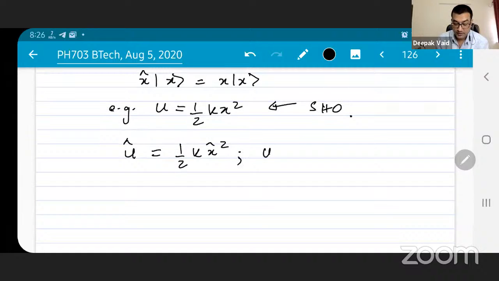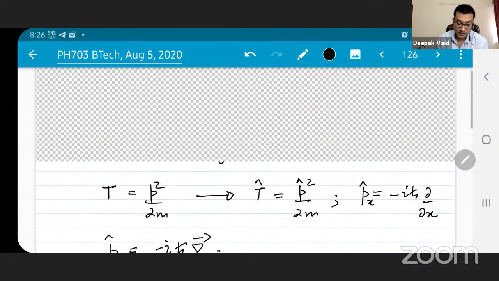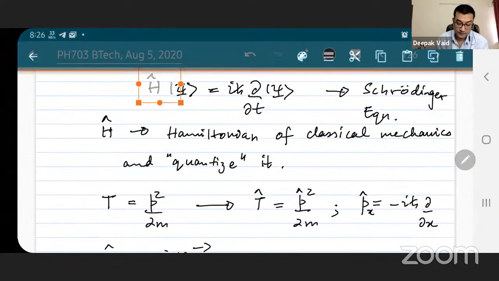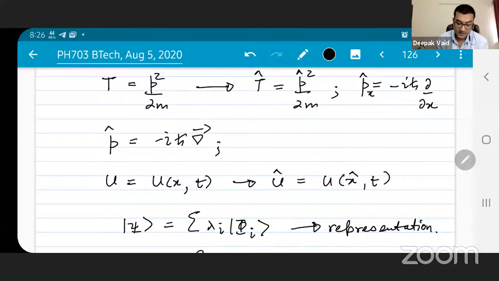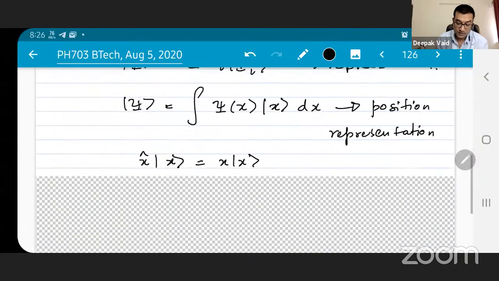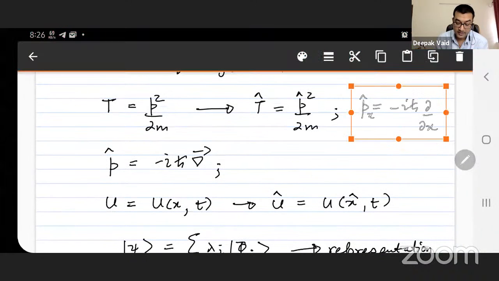Now when I introduce this into the Schrodinger equation, I will have this term when I write down H acting on psi. So what is H? H is T plus U. The T part, the kinetic energy part, will be given by this expression, h bar squared by 2m.